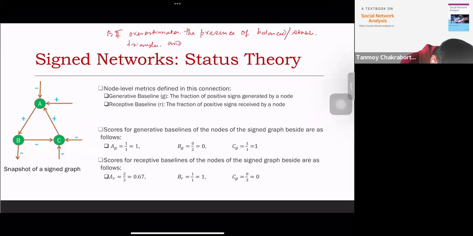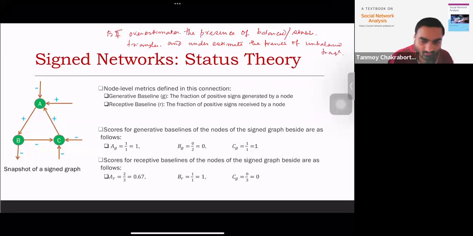And underestimates the presence of unbalanced triangles. I will discuss why.